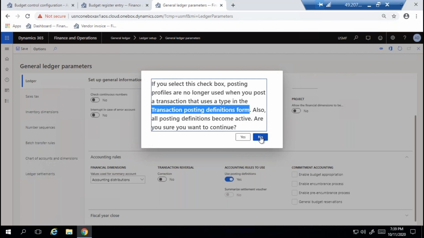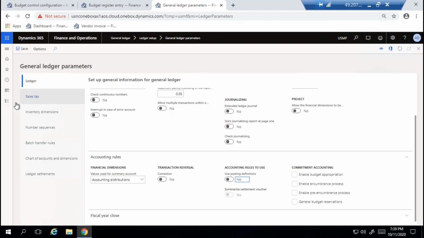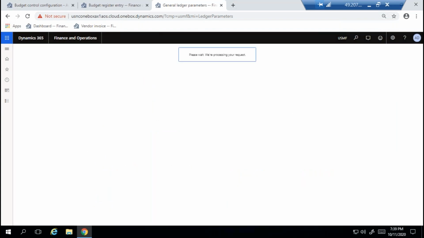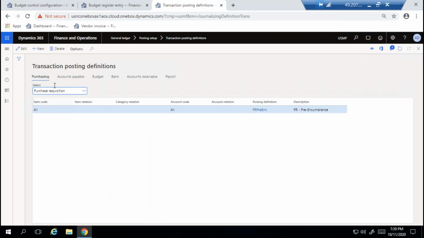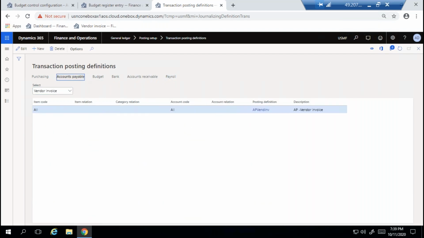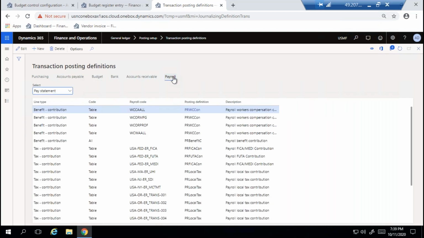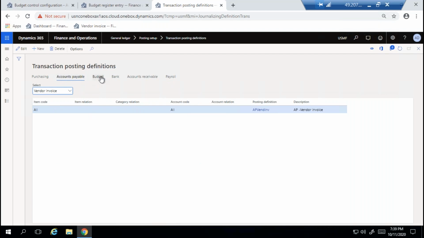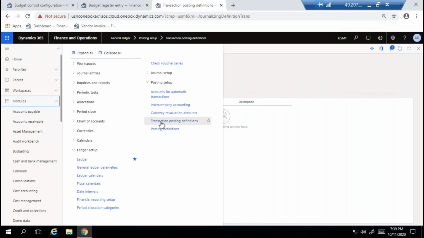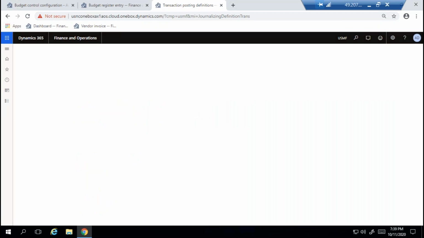What does this transaction posting definition form mean? There is transaction posting definitions as another form. This is related to public sector. You can configure it here. Understood? Posting definitions. Here there are two forms, transaction posting definition and posting definitions.